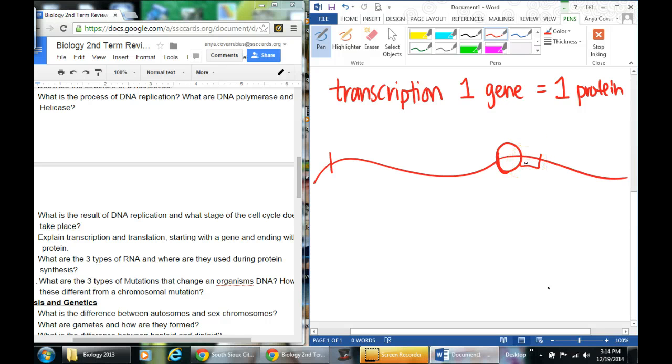We have RNA polymerase, which I already said that one. We also have the enhancer, which is a little further down, and it's going to come into this region of the Tata box.